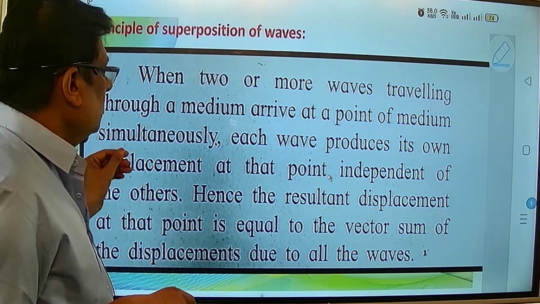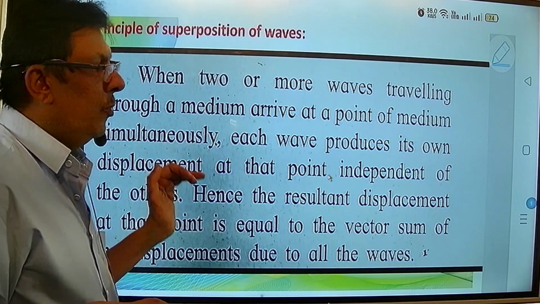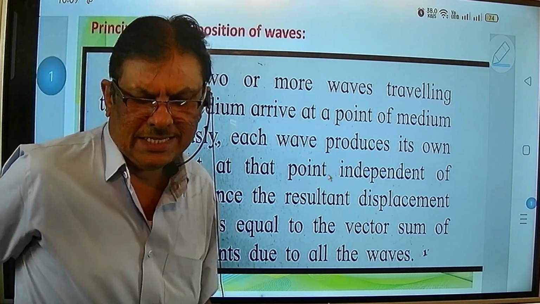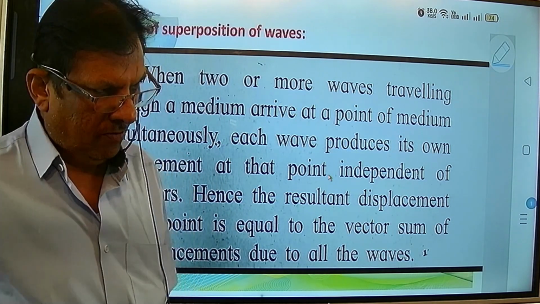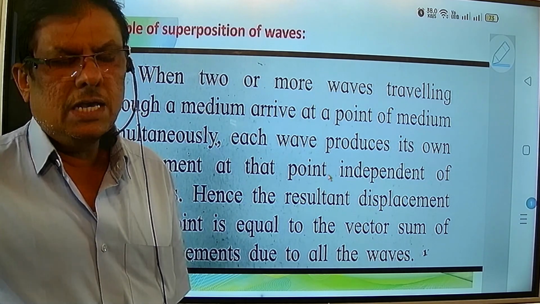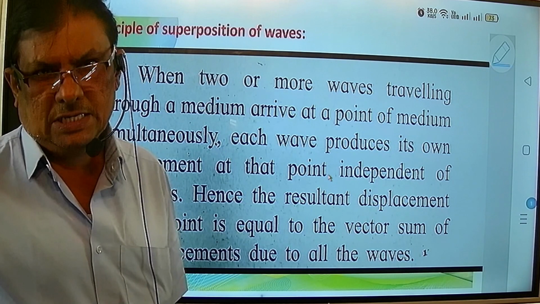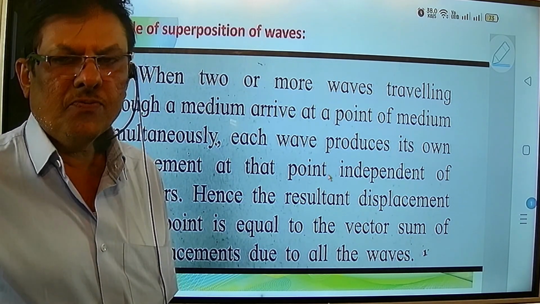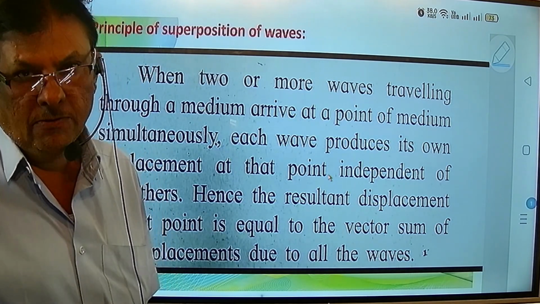They are traveling through the medium and arriving at a point of the medium simultaneously, just like an example I would like to give about the railway platform. Now, you know that at the platform of a railway station there are 2 to 3 tracks, or 2, 3 or 4 platforms depending upon the railway junction.